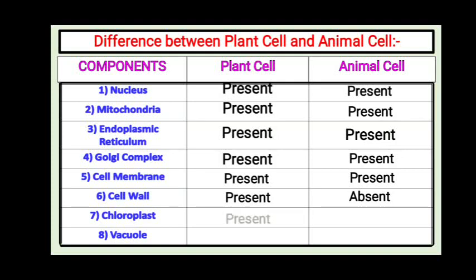Chloroplast is present in plant cell, but it is absent in animal cell. And last one, vacuole. It is present in plant cell and also in animal cell. So I hope you all have understood all these components of the cell, whether they are present or absent.